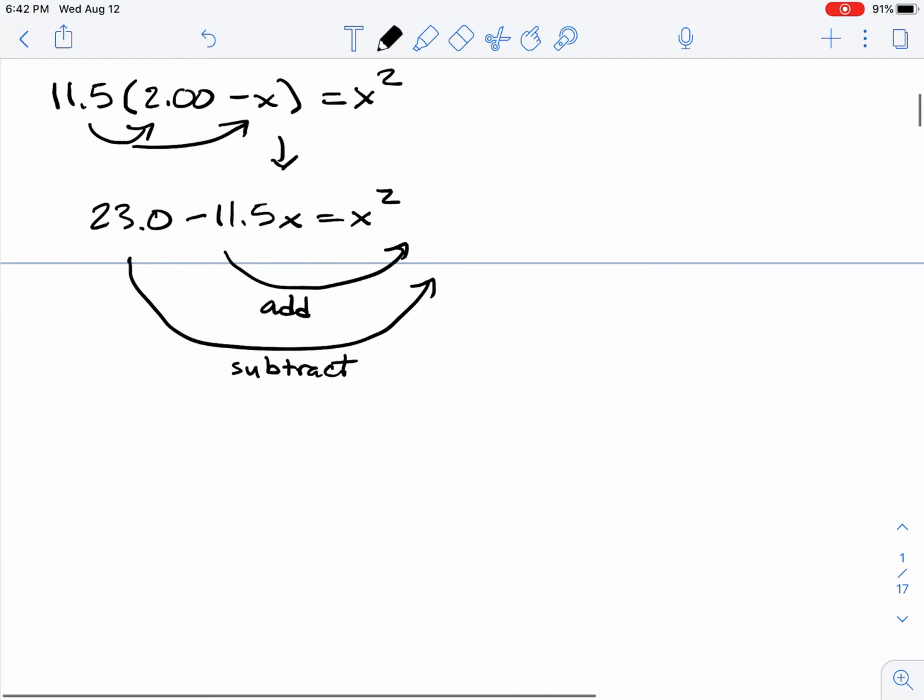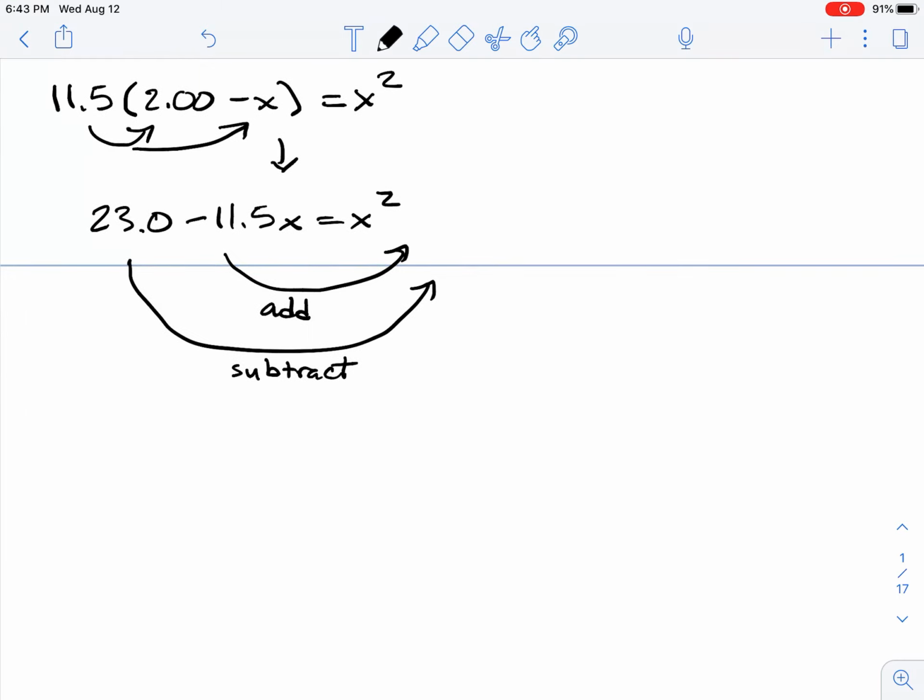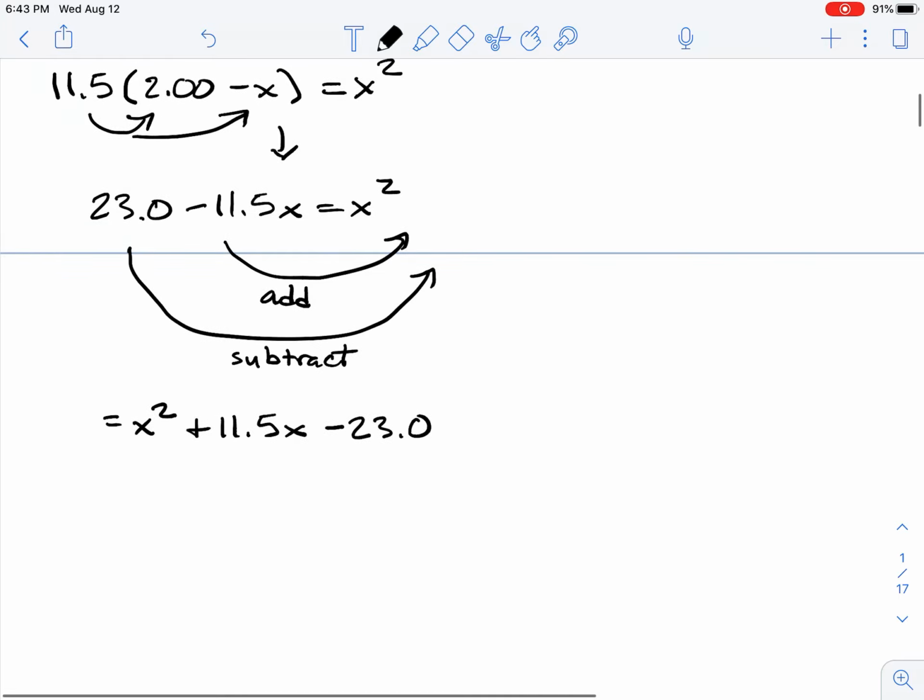And so what I get is x squared plus 11.5x minus 23.0, all of this is equal to 0. And so once your algebraic expression equals 0, you can now use the quadratic equation to solve for x.